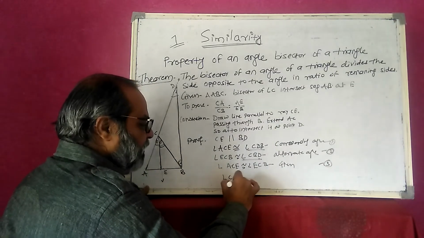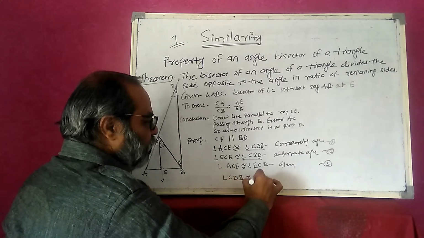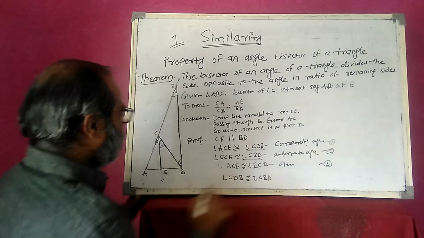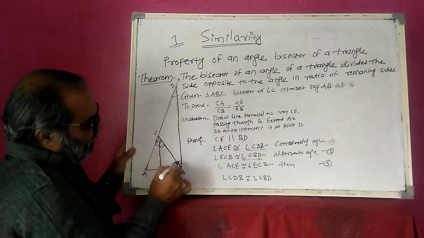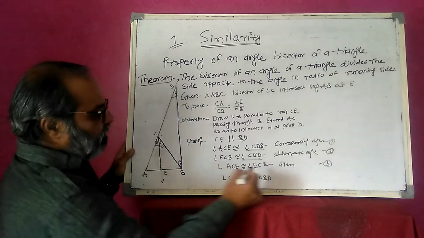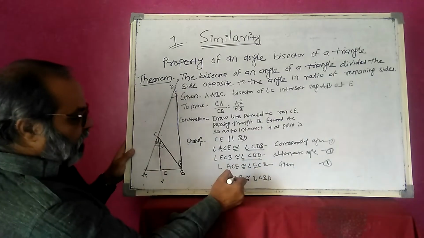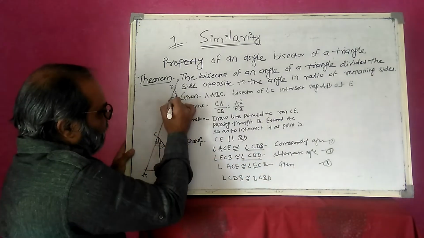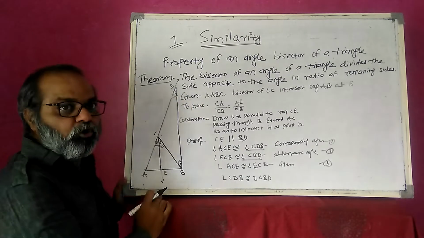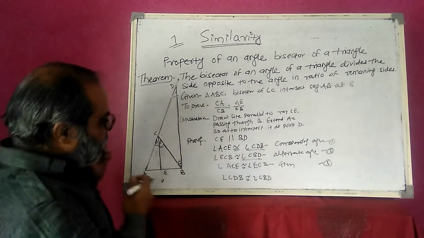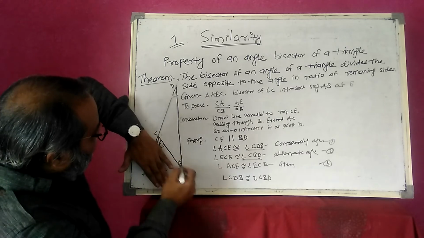So angle CBD, this angle, and CDB, this angle, are congruent to each other. Just concentrate on this triangle CBD.